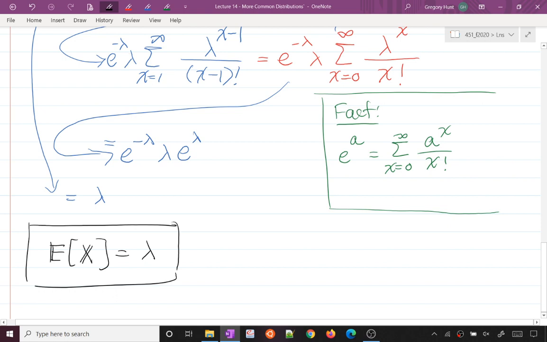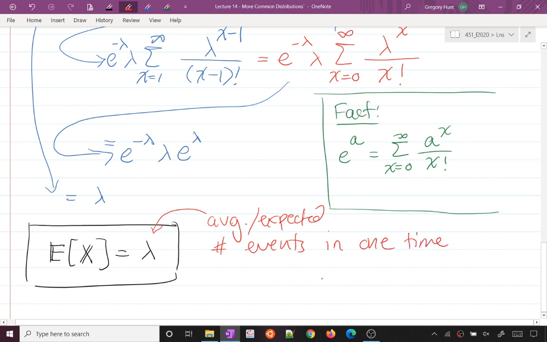So this parameter lambda is basically the average, or expected, number of events in one time period. I said x is the number of events that occur in some time period. Lambda is basically, on average in that length of time, how many events do we expect to happen? So that's one way of interpreting lambda.